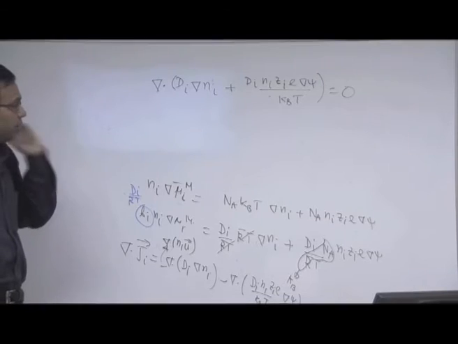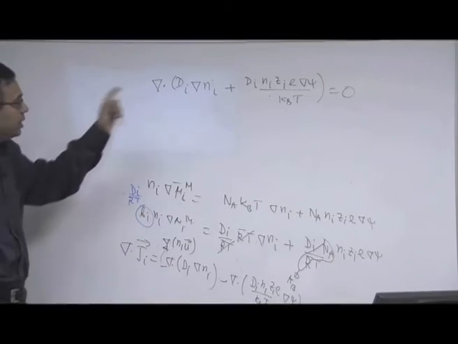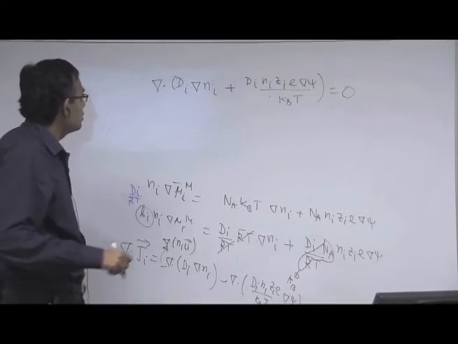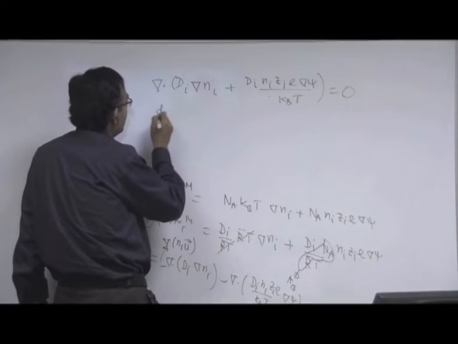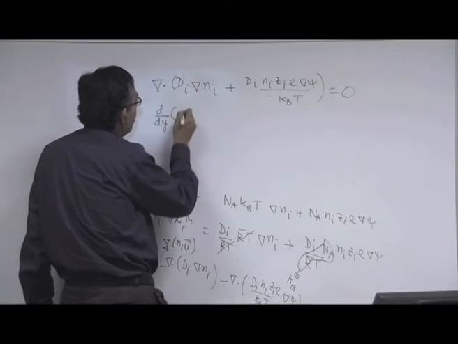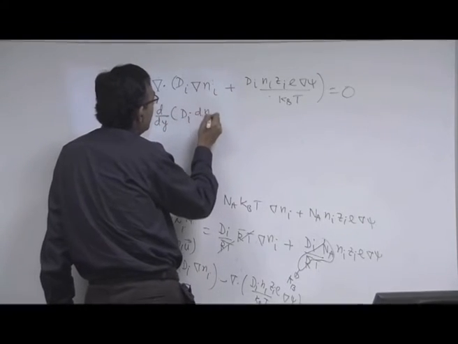For a one dimensional problem, this will just become d dy of Di dNi dy.